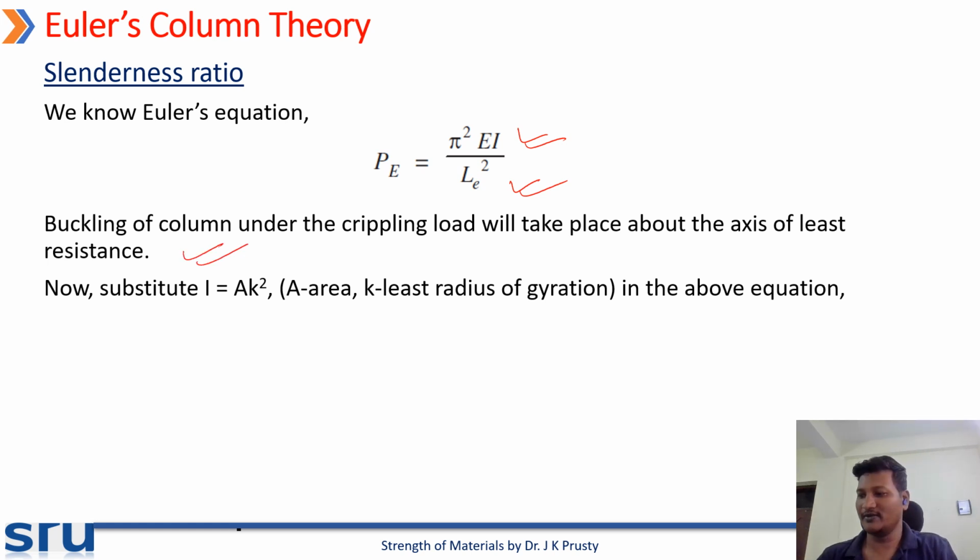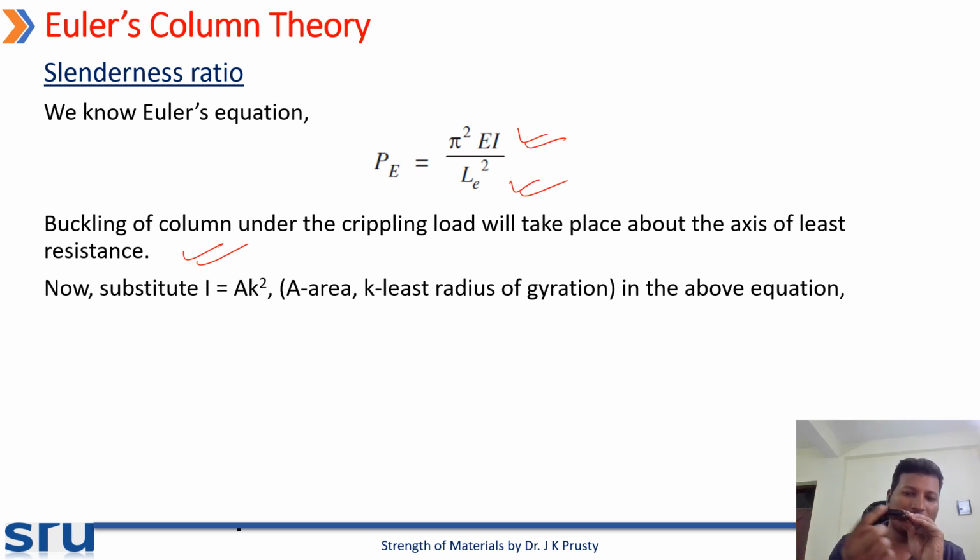What does it mean? Suppose there is a column; in which direction the buckling occurs? It will occur about the axis of least resistance. Now tell me, what is the axis of least resistance here?